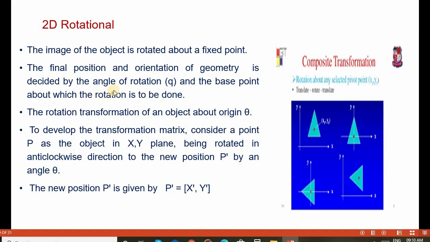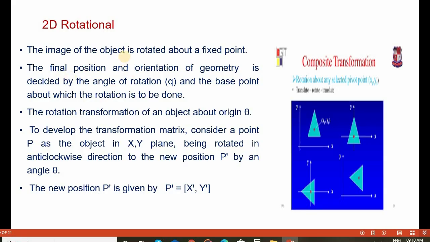How much angle we specify decides how much the rotation will take place. Based on that angle of rotation, the rotation of the image will take place.